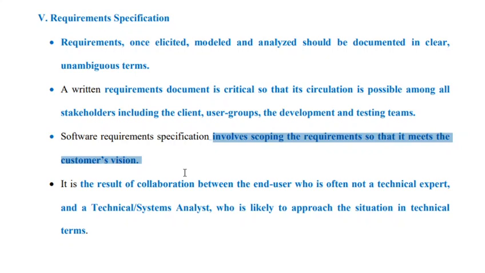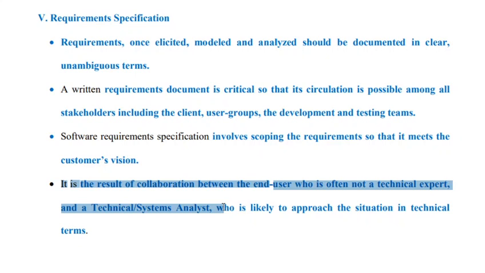The software requirement specification document should include all possible requirements that the customer wants from the system to be developed. So it is the result of collaboration between the end users, who are often not technical experts, and a technical system analyst who is likely to approach the situation in technical terms.